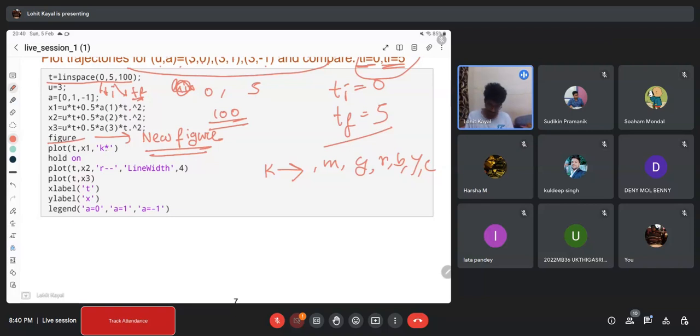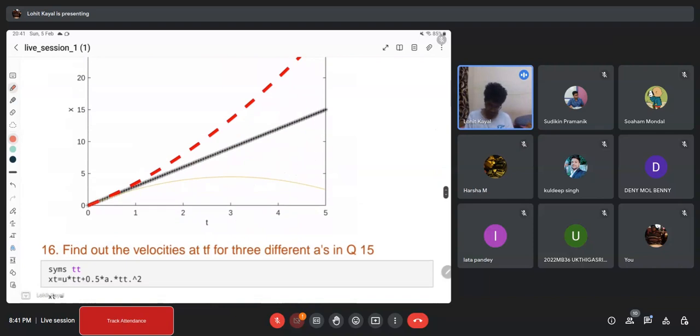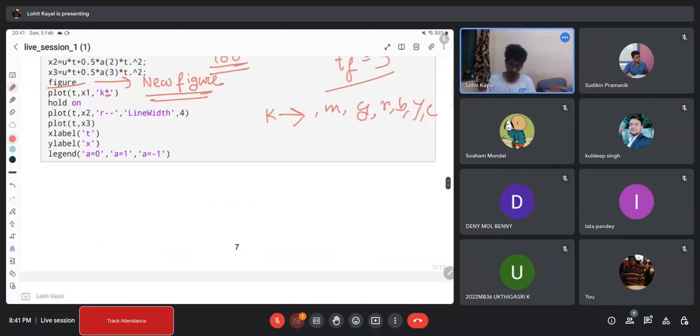And here k star means, just see here, I have plotted a black line, and all the markers, all the points, it has put a star there. It indicates k star.